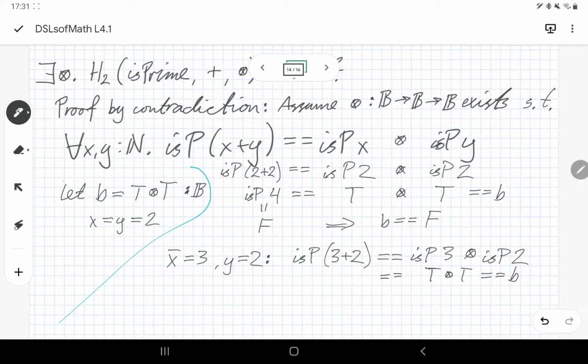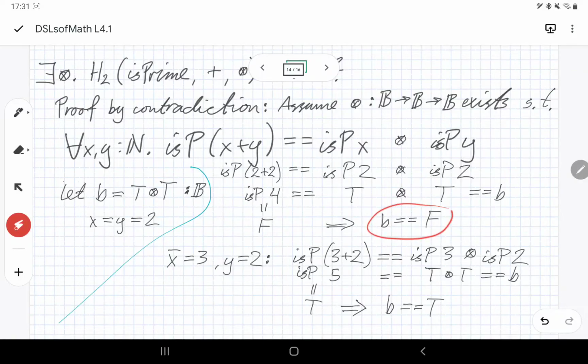But now something disconcerting has happened on the left-hand side, because this is prime of 5, and I'm not writing a very clear notation here, so this is prime of 5, which is, well, 5 is prime, so this is now true. So now we've proven that b equals true. I mean, we have b over here and we have true there.